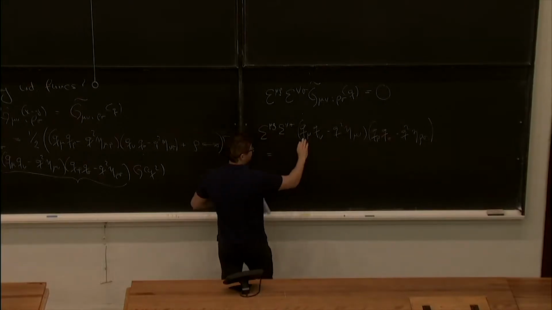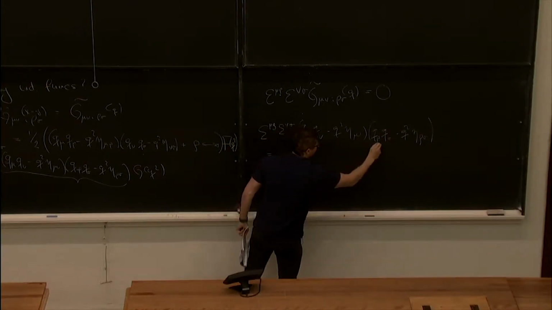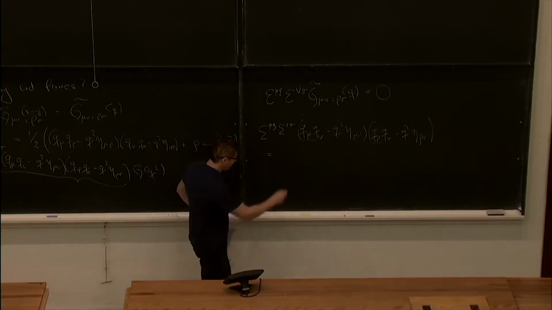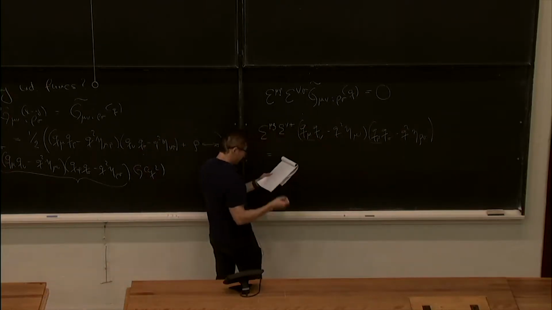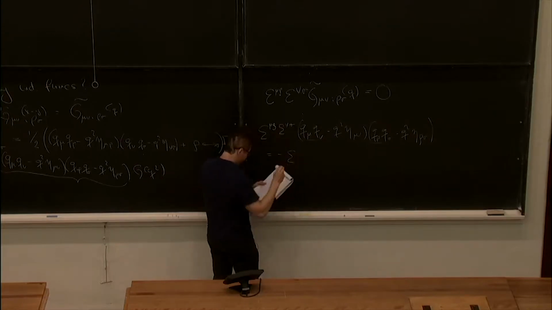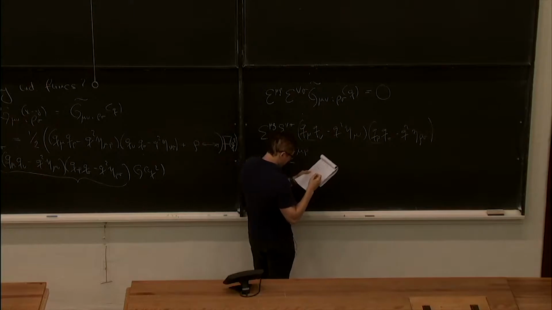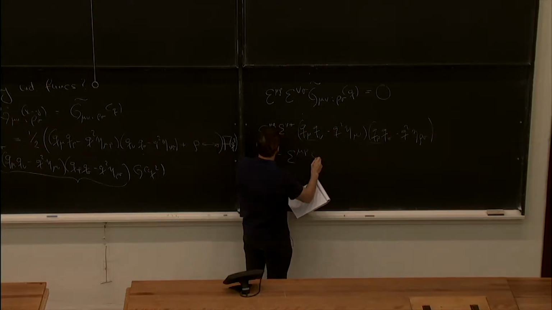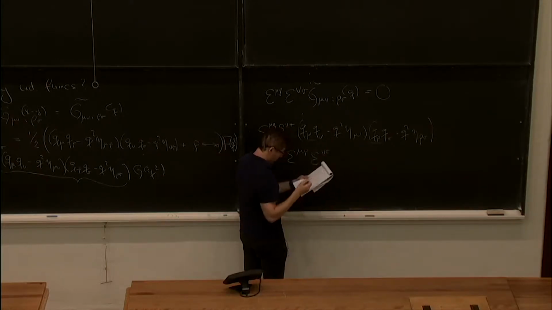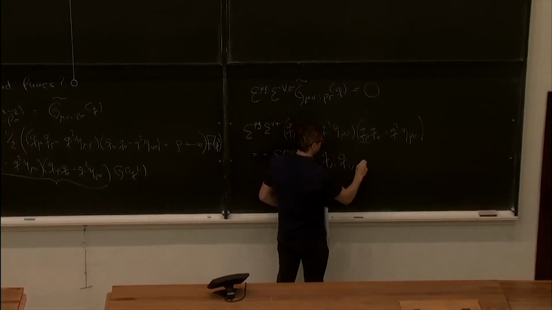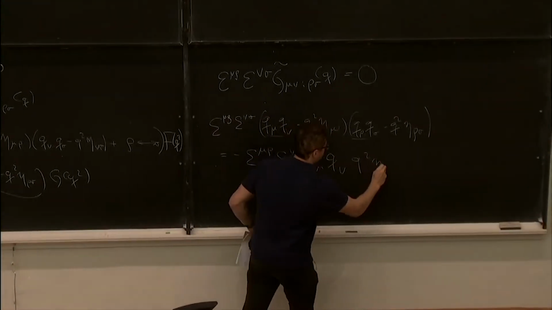So there is this piece that comes from multiplying this and that. This immediately disappears because of the anti-symmetry of the epsilon tensors. So there are only three pieces left. The first piece is ε_μρ ε_νσ q^μ q^ν q² η^ρσ.